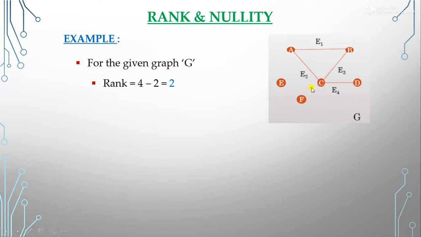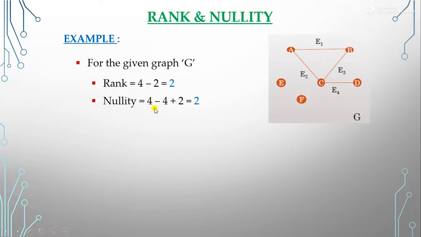N is here 4 vertices, so 4 minus 2. K here is 2, because this graph is divided into 2 components. One is this one and one is this one. So our rank is 2.